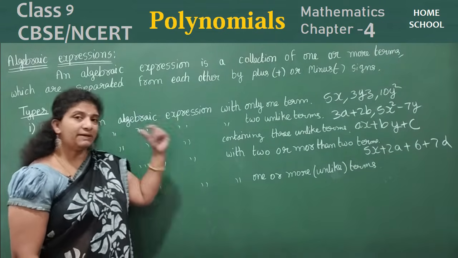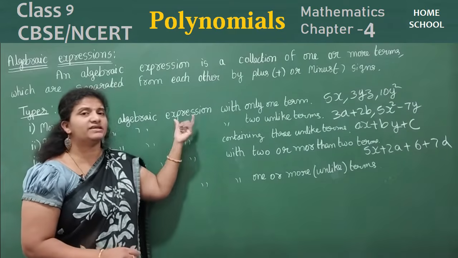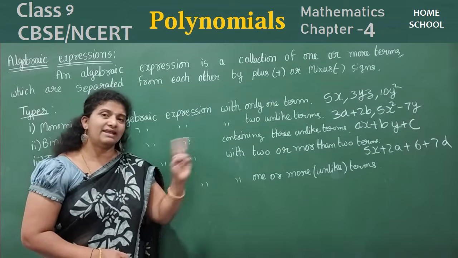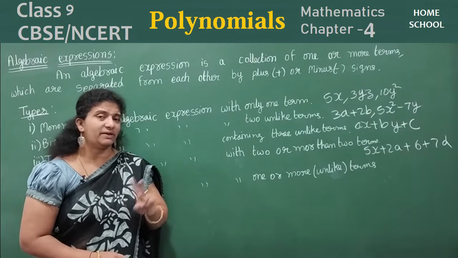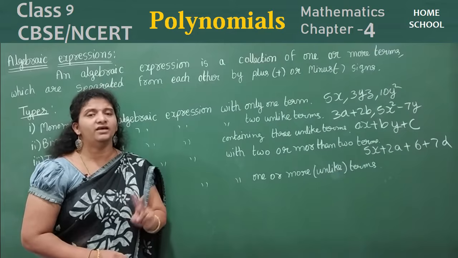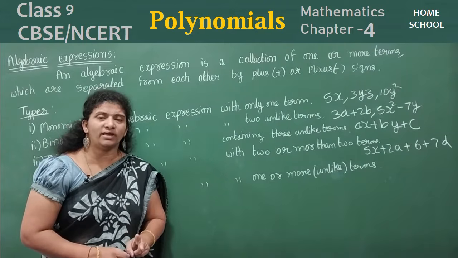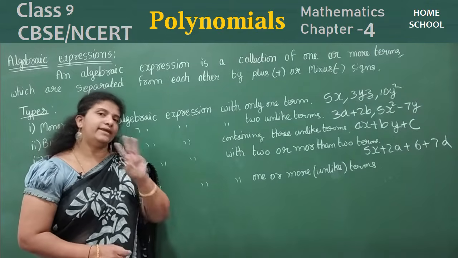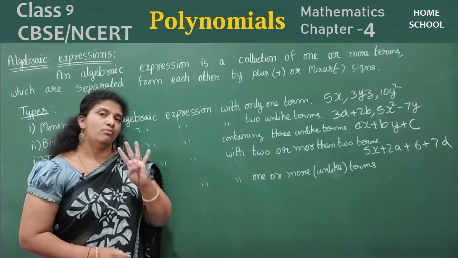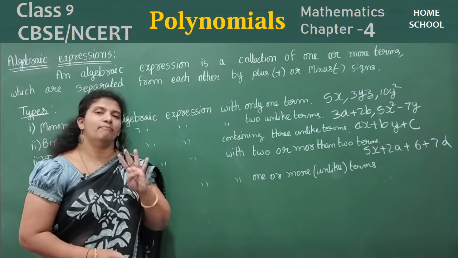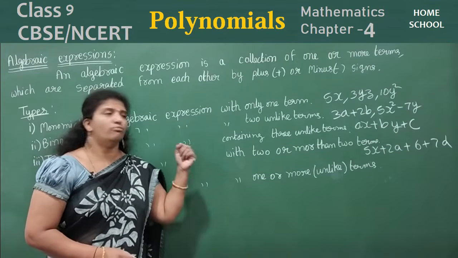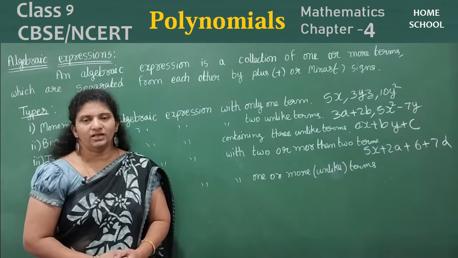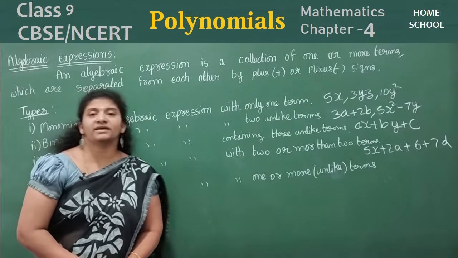So separately, an algebraic expression containing only one term is a monomial. Two unlike terms separated with a positive or a negative sign are called a binomial or a polynomial of two terms. Three terms, trinomial. More than two or three terms, multinomial. One or more terms, we call it a polynomial. So once again, what is an algebraic expression?